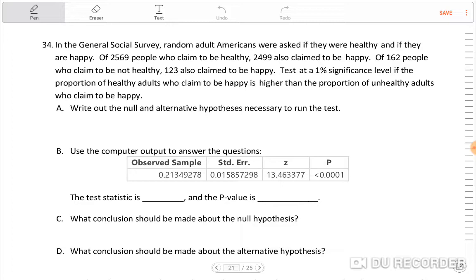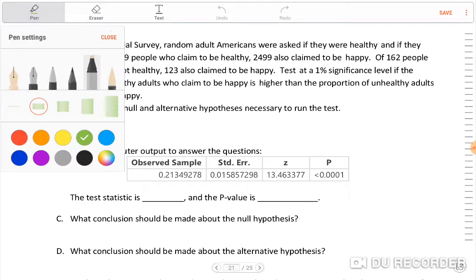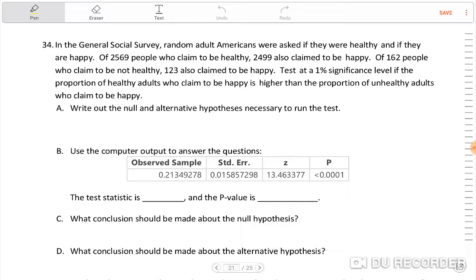Okay, so let's see what we have here. First of all, it says proportions. So I know that I'm going to be using p's, and I'm comparing the proportion of healthy adults who claim to be happy to the proportion of unhealthy adults.